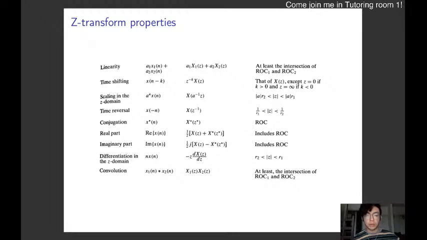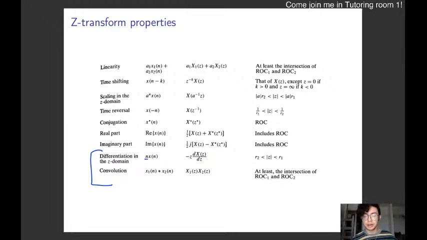The one that is more important here is differentiation. If we multiply a signal by the index variable n, then we have to take the derivative of whatever our Z transform is.